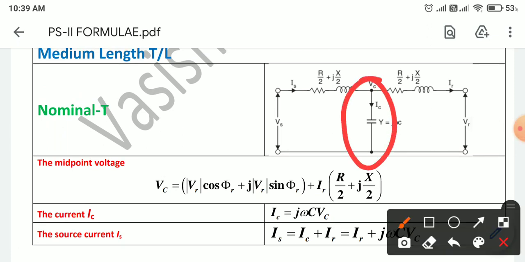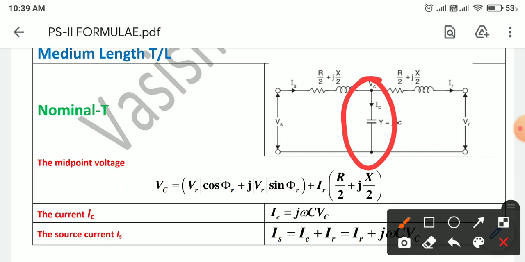Generally for a long transmission line the capacitance is distributed. For short and medium lines the capacitance is lumped, and for a short transmission line the capacitance is ignored. But for a medium transmission line the capacitance is not ignored, so we can place it at the middle of the transmission line or at the 2 ends.